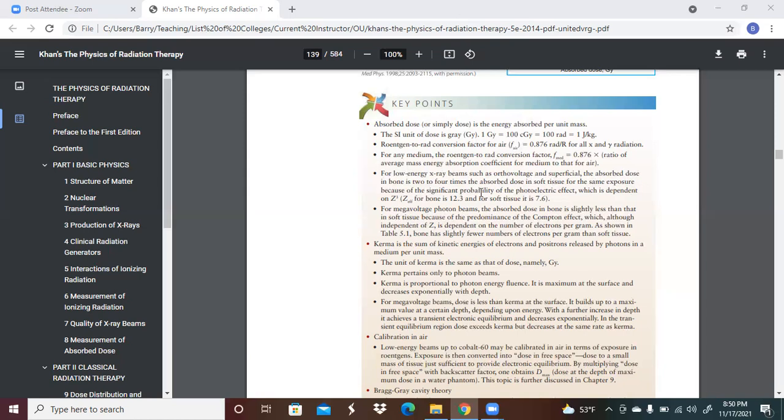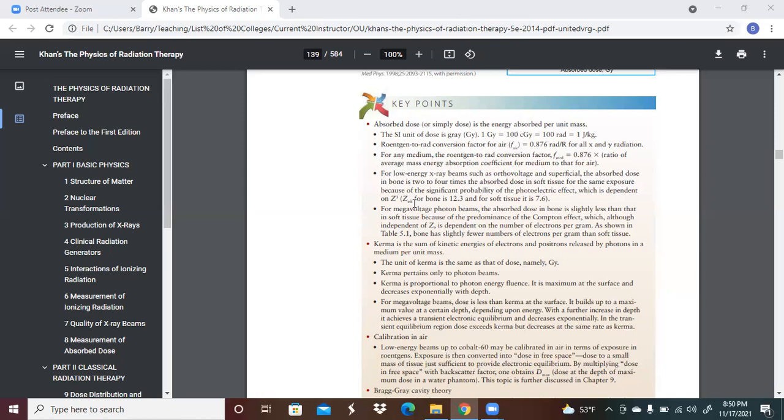Why is that? It's because of the photoelectric effect. For these particular energies, this is the effect that dominates. Since we're looking at Z cubed, and bone has a higher atomic number than most other soft tissue, we are going to be looking at quite a bit of absorbed dose.